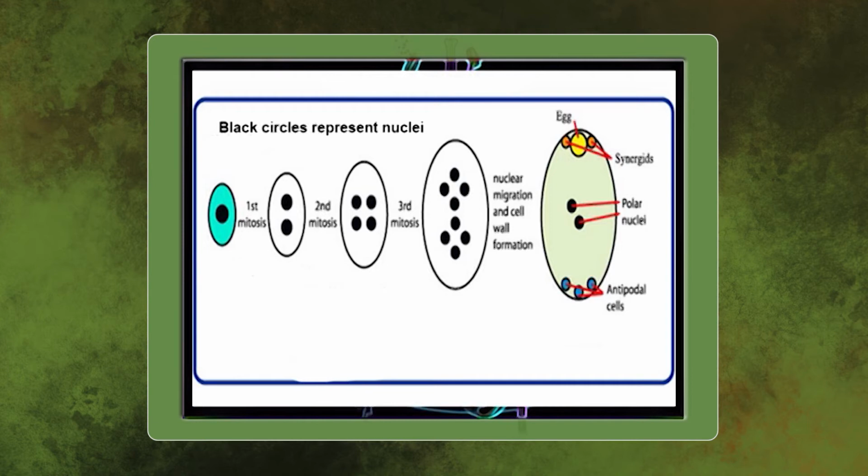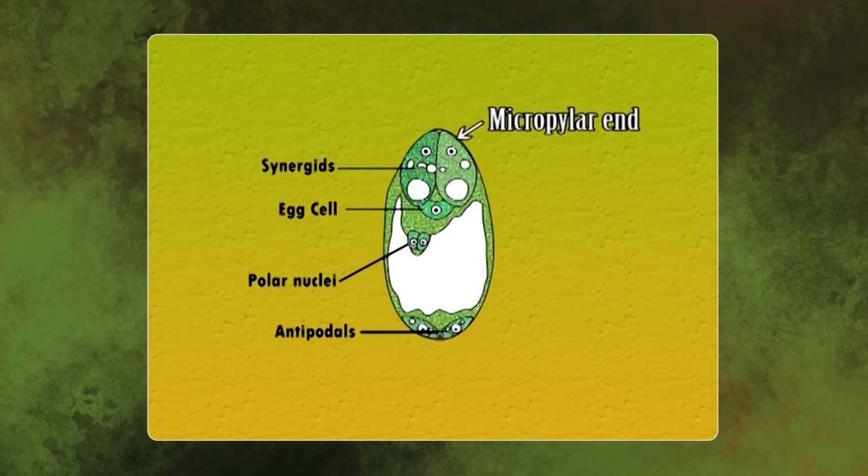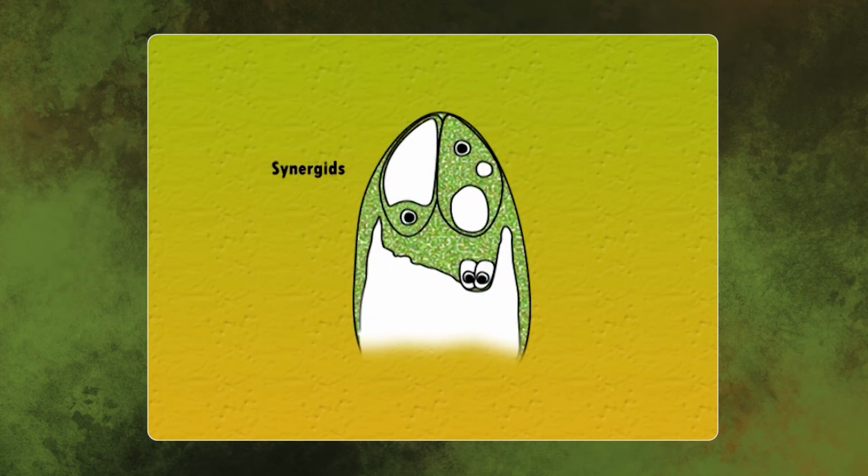Of the 4 nuclei at the micropylar end of the embryosac, 3 organize into egg apparatus, and the 4th one is left free in the cytoplasm of the central cell as the upper polar nucleus. The egg apparatus is attached to the wall of the embryosac only at the micropylar end, its major portion being surrounded by the central cell.